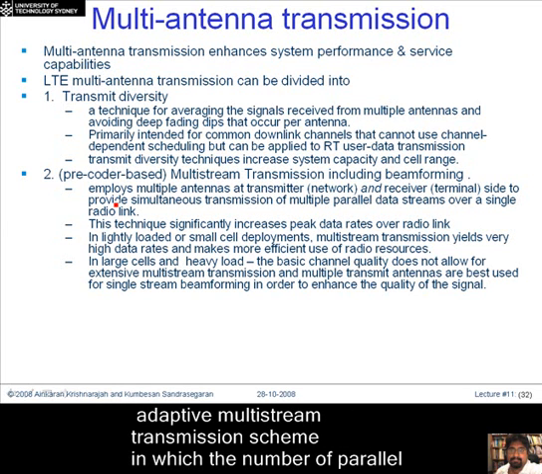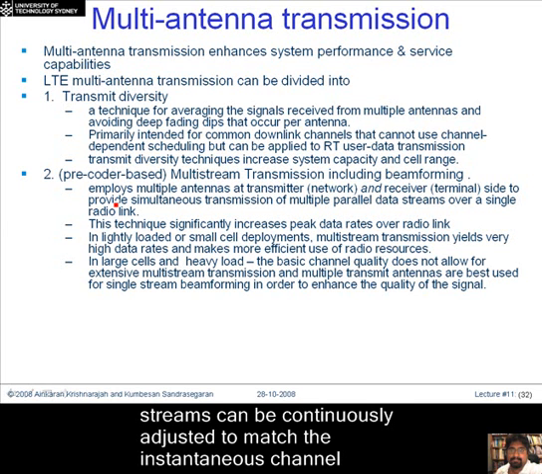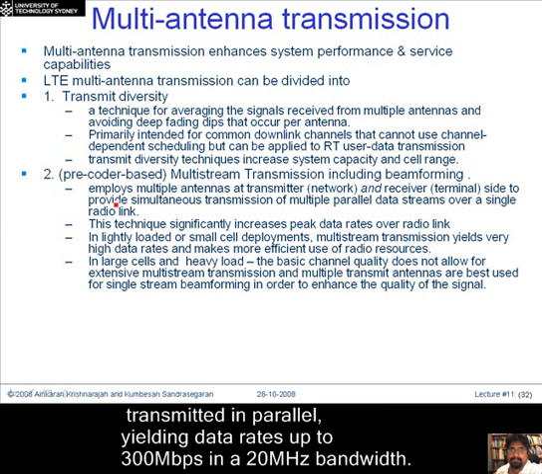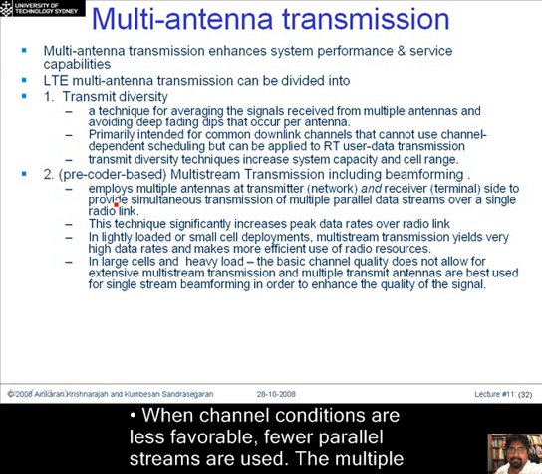And this is referred to as parallel transmission, multiple parallel data streams over a single radio link. And this is also intended to improve the system performance. Remember, one of the slides I showed you earlier was that by using these MIMO concepts, you can get higher data rates in both HSPA as well as in LTE.